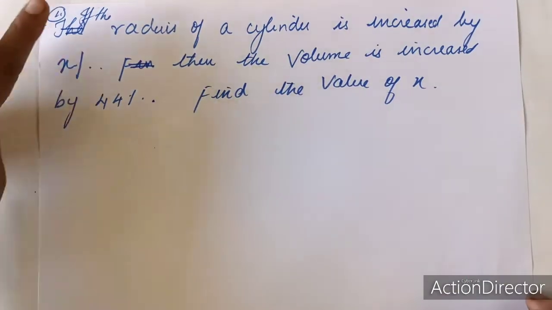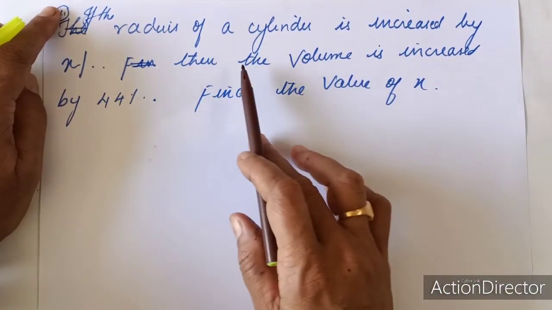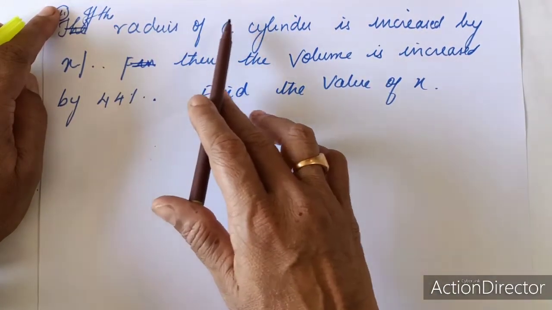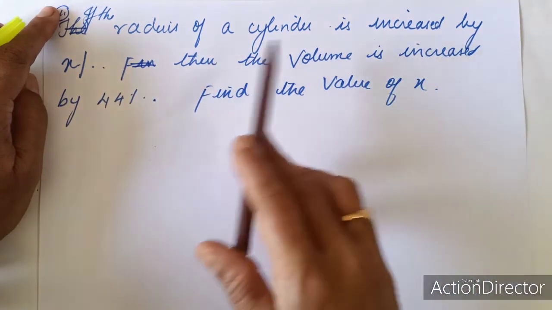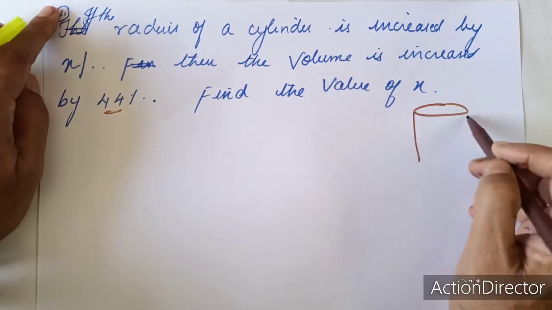To the last question: the radius of the cylinder is increased by x%, then the volume is increased by 44%. Here they are saying if they are going to increase the radius of the cylinder by x%, the volume is increasing by 44%. That is the cylinder is given.